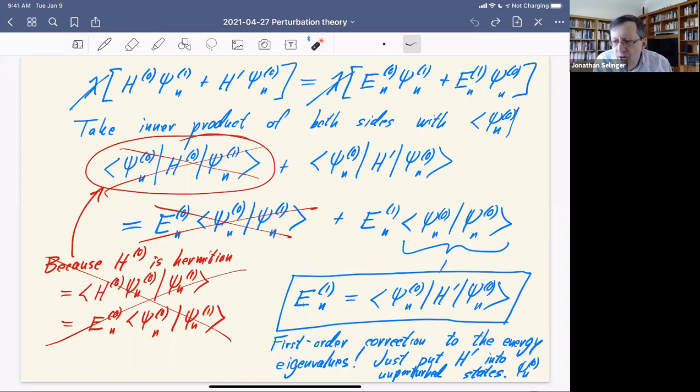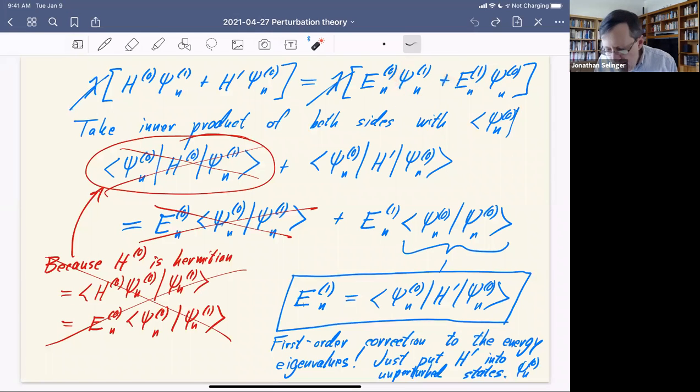So we still can try to extract more information from this blue equals blue equation. Let's work on this a little bit more to see what we can say about the first order change in the wave function, because the wave function is sitting right here. This is the first order change in the wave function over there and over there.